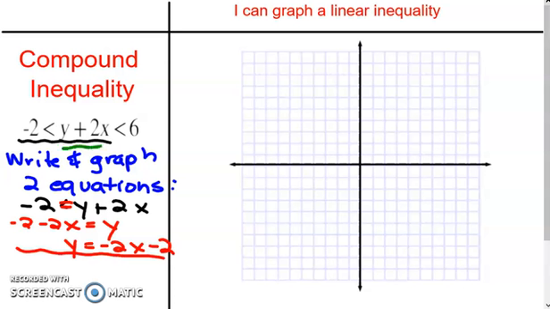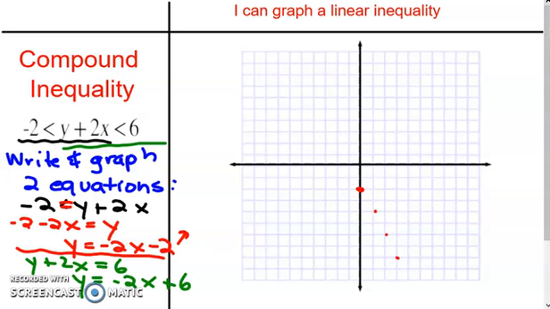Now I'm going to do an equation for the right side. Y plus 2x equals 6. And again, if I want to solve for y there, that's the same as negative 2x plus 6. So I'm going to graph this one. It has a y-intercept of -2, slope of -2 as well.